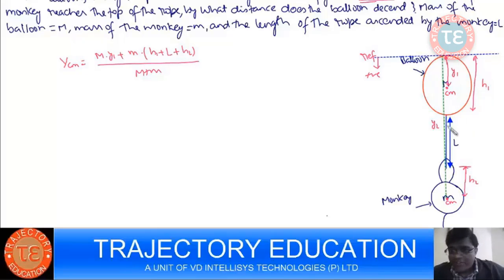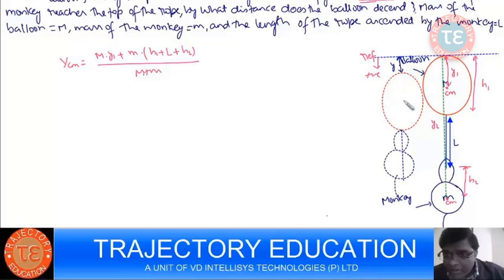So I'll draw the final position when the monkey reaches the knot at the end of the rope. Suppose the balloon descends by a distance of y.